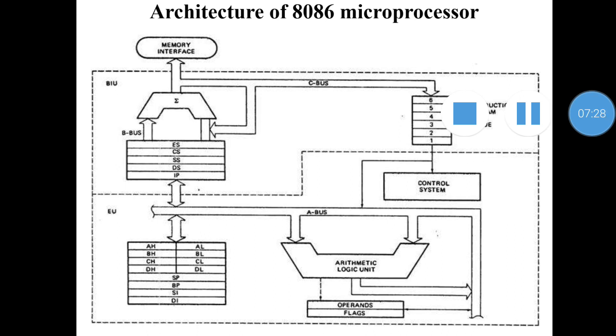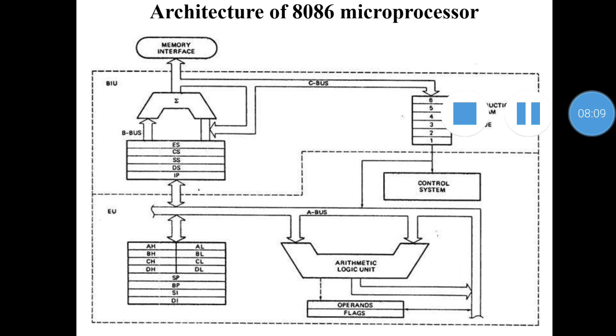The third function is to fetch the instruction code and store it in the queue. Then it reads and writes data from memory or input output devices. Also, the bus interface unit relocates the addresses. The bus interface unit tells the execution unit from where to fetch the instruction or read the data. All these are the functions of the bus interface unit.